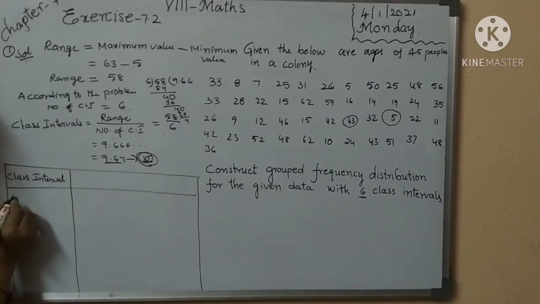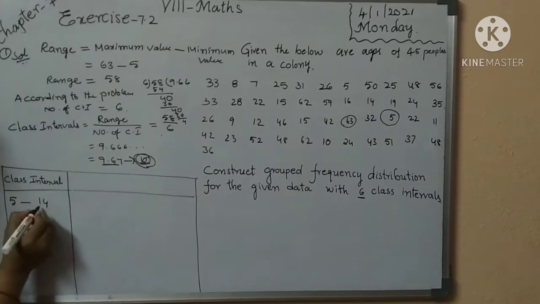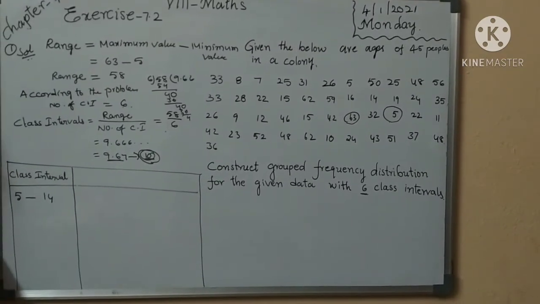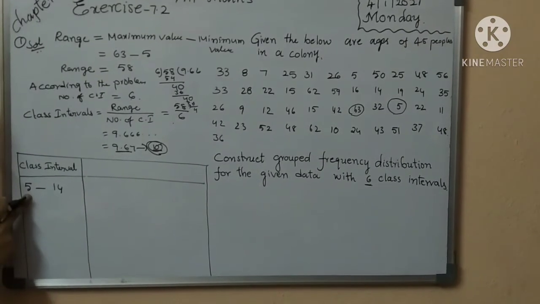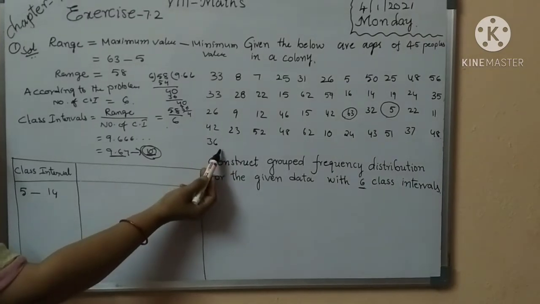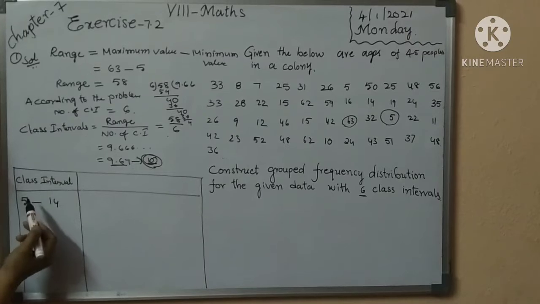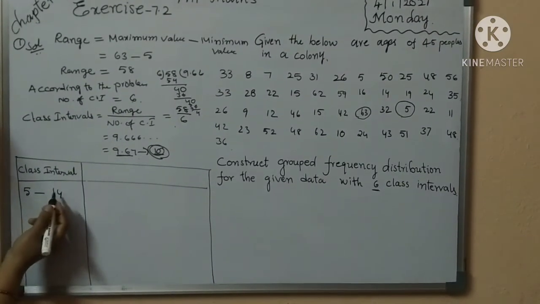So the least age is 5, and add 10, approximately 10, since 9.6 means 10. So 5 to 14. Did you understand, children, how to take the class interval first? In the given data, take the least number and add 10 numbers. 5 to 14. Okay. Next.